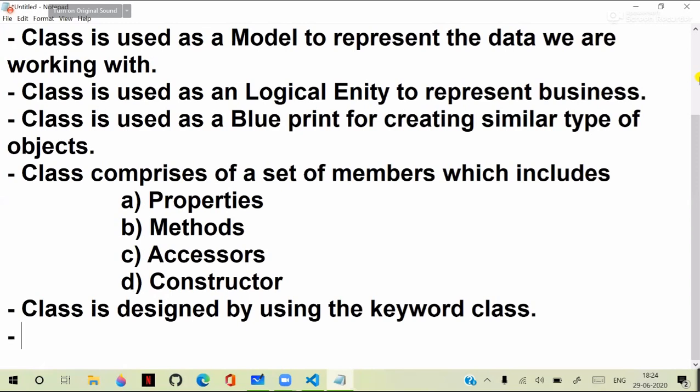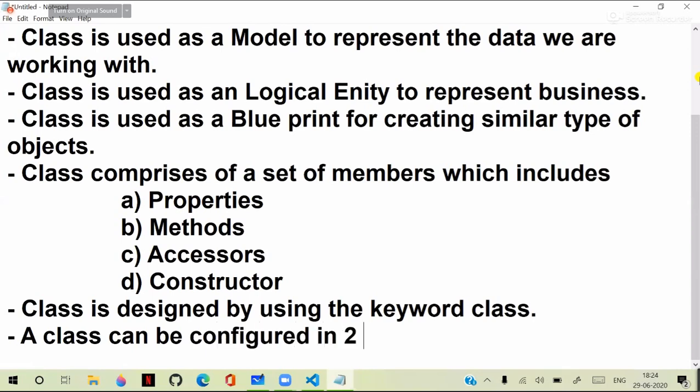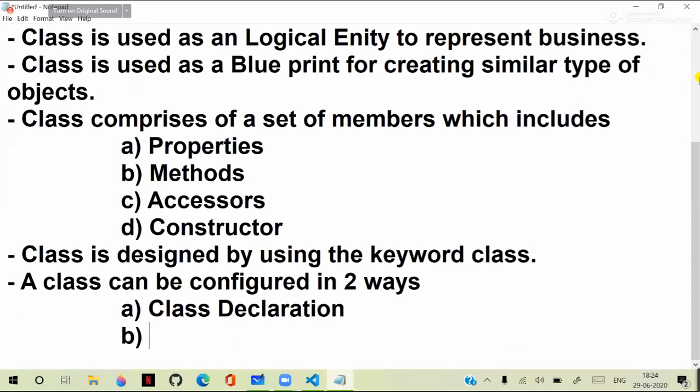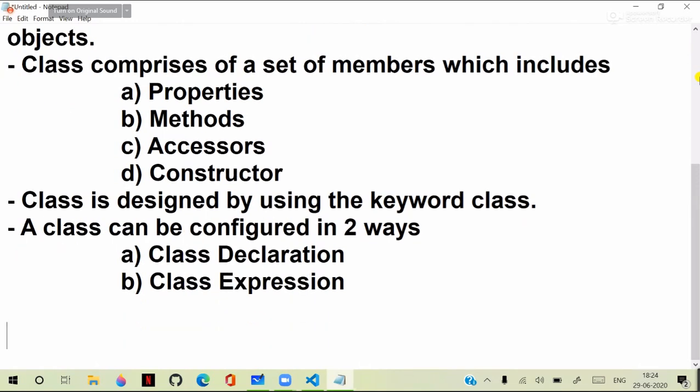That means a class can be configured in two ways: class declaration and class expression.